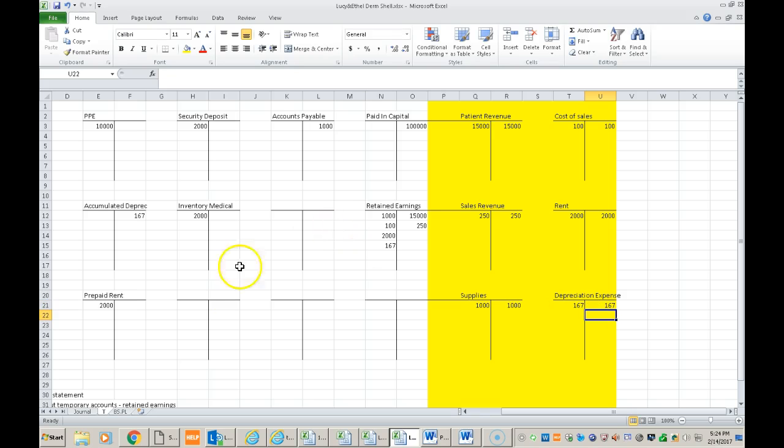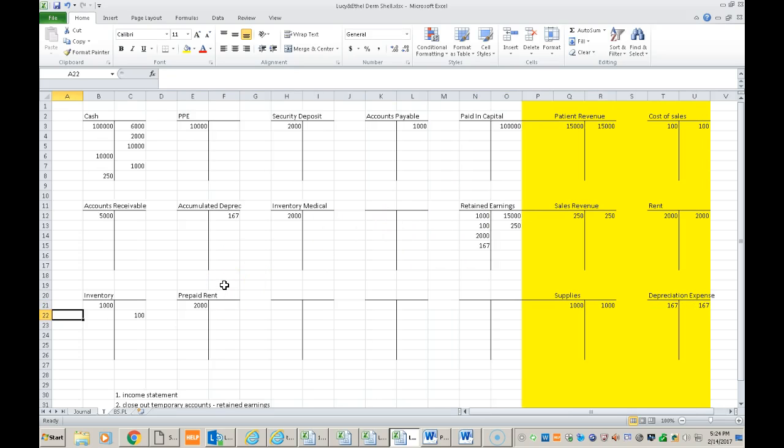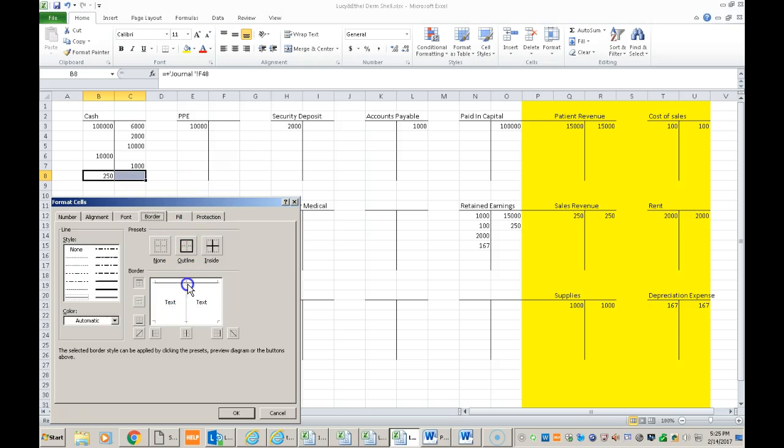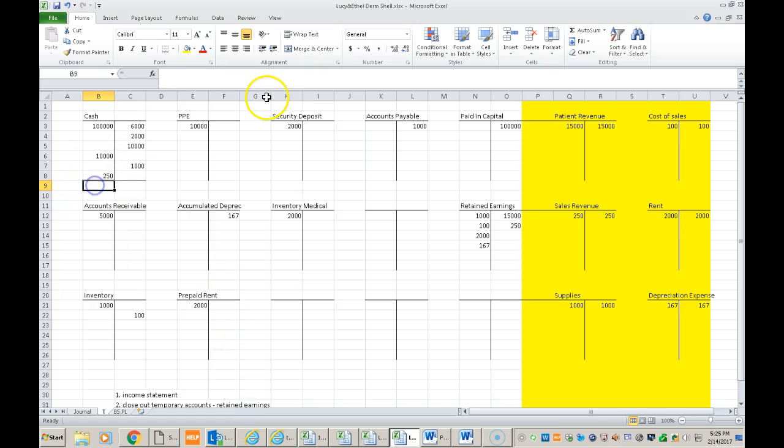So since we didn't really have many transactions, figuring out the balances in our balance sheet accounts isn't that difficult. Let's do it here on the cash account, right? That has the most transactions because of obvious reasons. We purchase stuff. Okay, so our cash balance is going to be, right, we add up each side, and our cash is going to be 91,250.